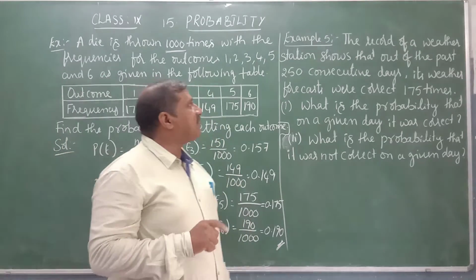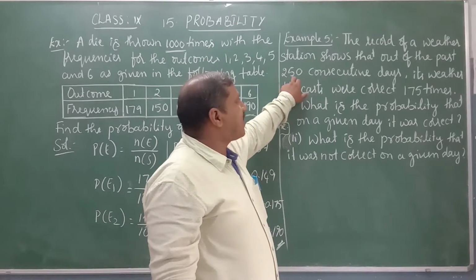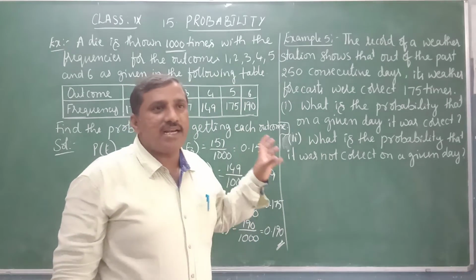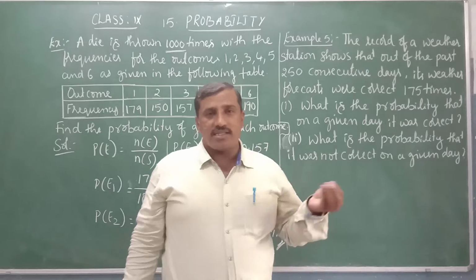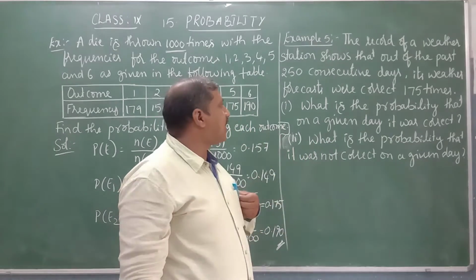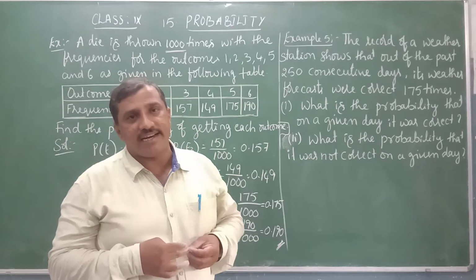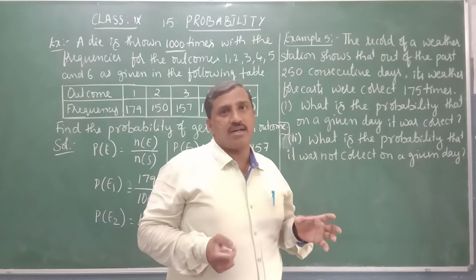When they said 250 consecutive days, 175 times only their forecasts were correct. The remaining times, it is incorrect.